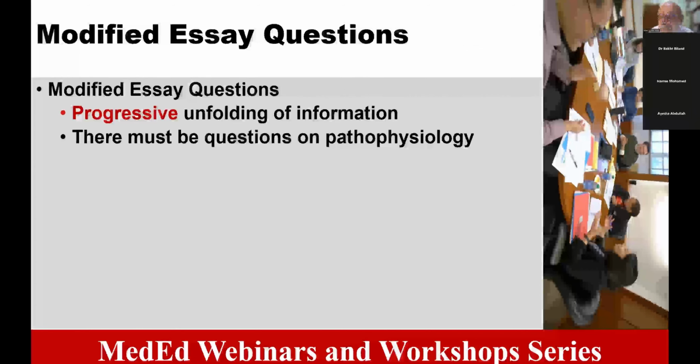In the first part, you can show, and this is mainly for clinical, and now students have to apply their previously acquired information from both preclinical and clinical years. Then we gradually unfold the information and ask the students to discuss it and sort out the problem.